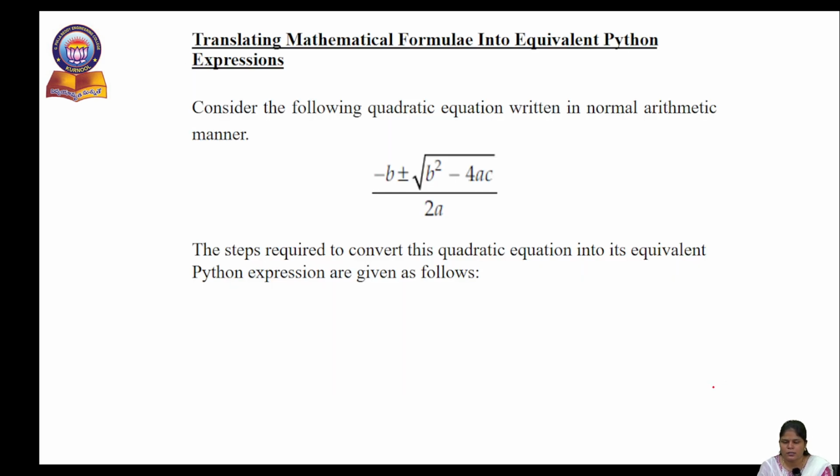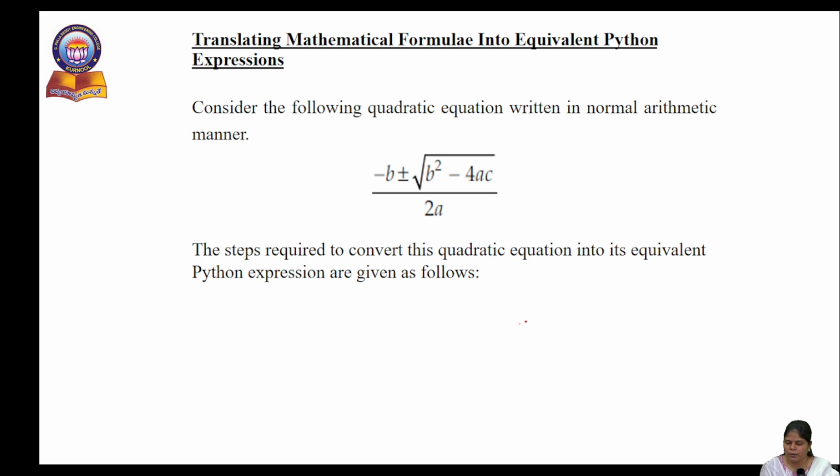Now let us take another expression, which is finding the roots of a quadratic equation: minus b plus or minus root of b square minus 4ac, by 2a. So this is how you can find the roots of a given equation.